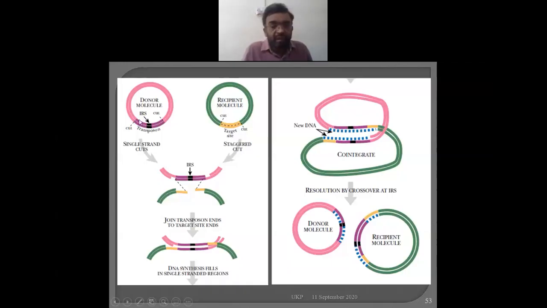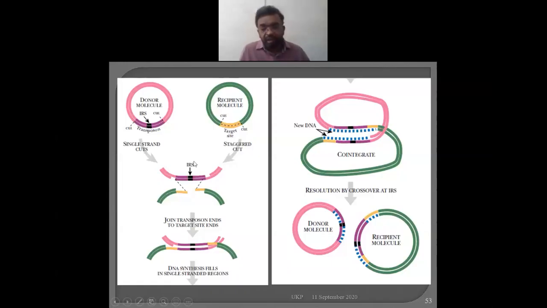Various things are there, and here the single strands are cut by means of a transposable element. Here one cut is made and here one cut, in that way. Now, due to this single cut, the transposable element does not get detached. Why? Because one cut is here, another cut is here, but this molecule is still attached to this strand and this molecule to these strands.